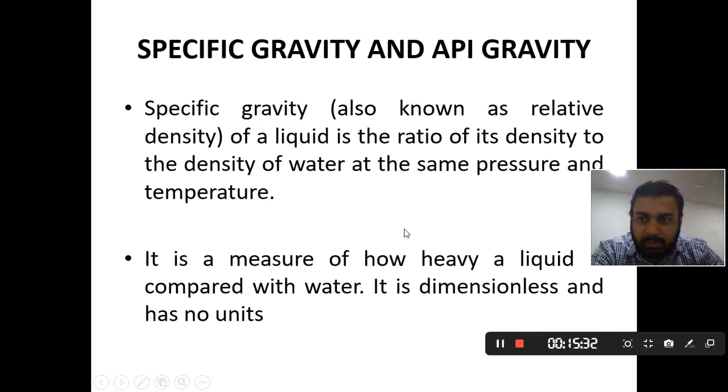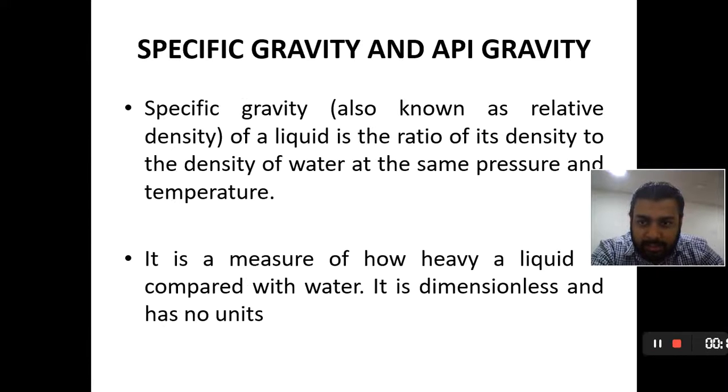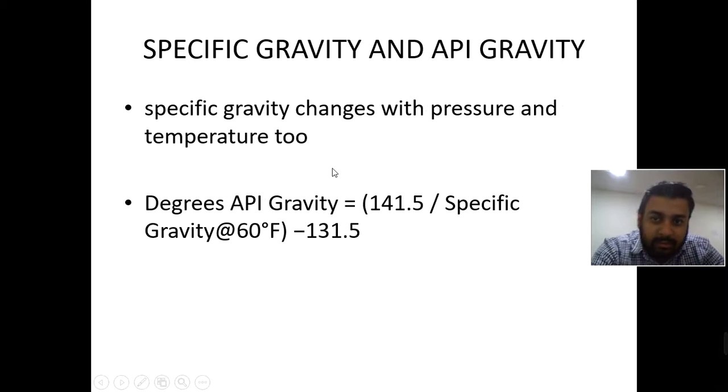When we talk about the specific gravity, it's a relative density, and you can define it for a liquid as the ratio of its density to the density of water at the same pressure and temperature. It is the measurement of how heavy a liquid is compared with water. It is dimensionless, as it has no unit. And this specific gravity changes with pressure and temperature.